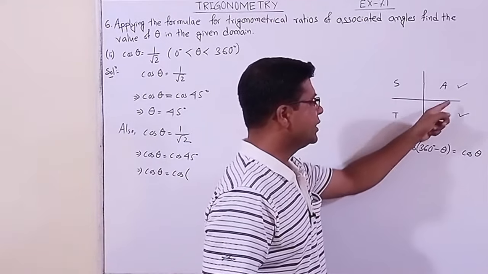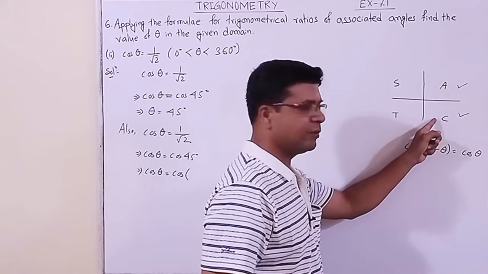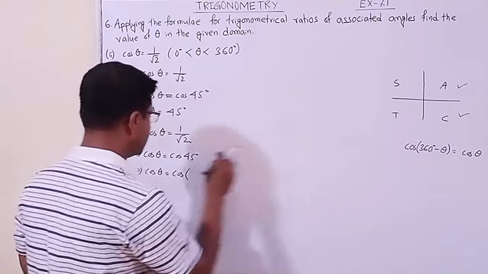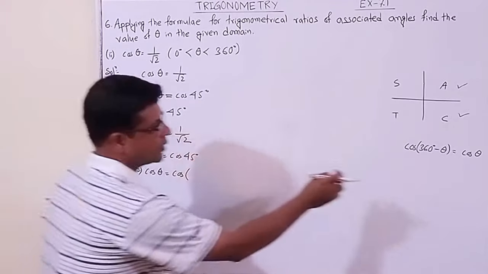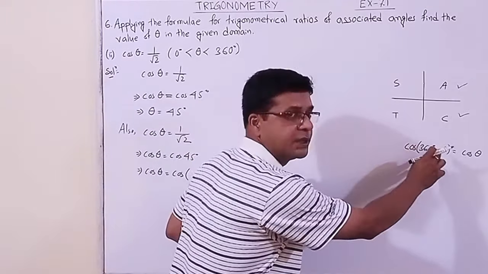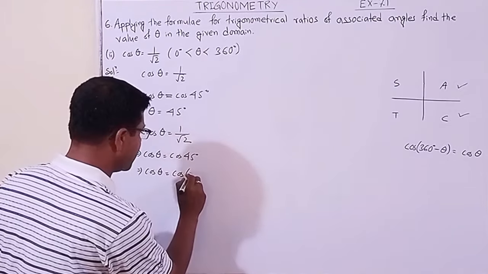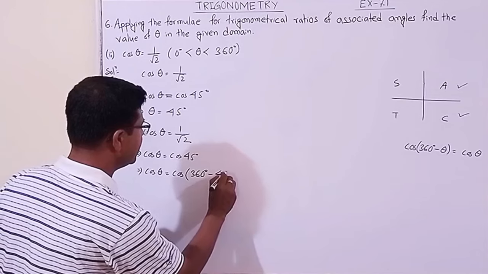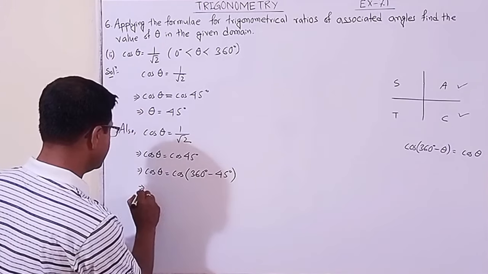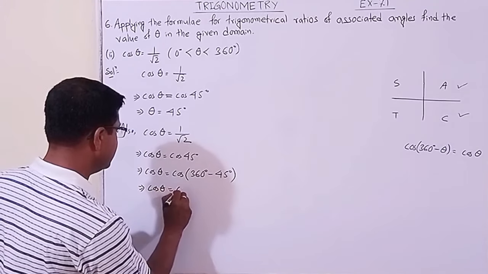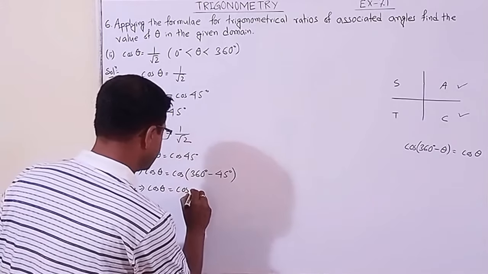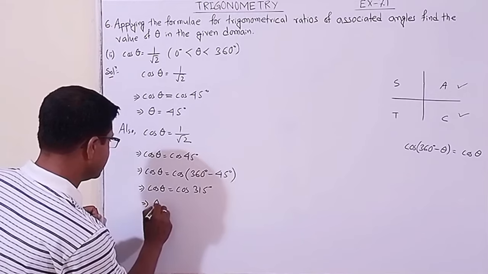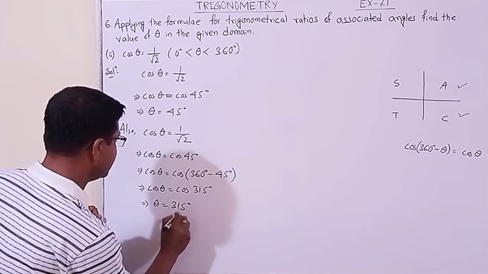Now it is in the fourth quadrant, where cos theta is positive. So cos of 45 degrees can also be written as cos of 360 degrees minus 45 degrees. Subtracting, this is 315 degrees. So theta equals 315 degrees.